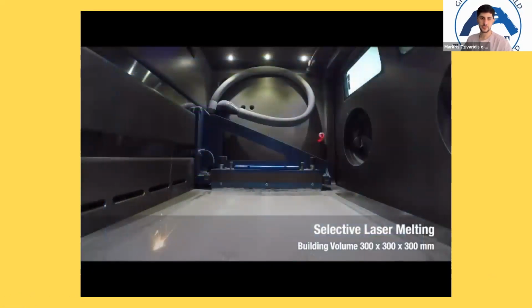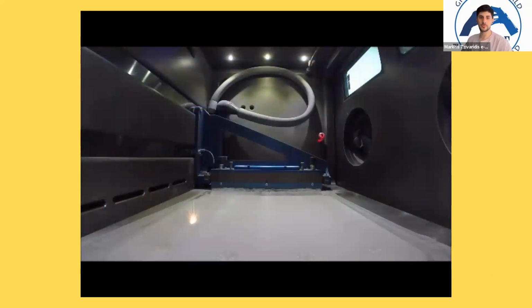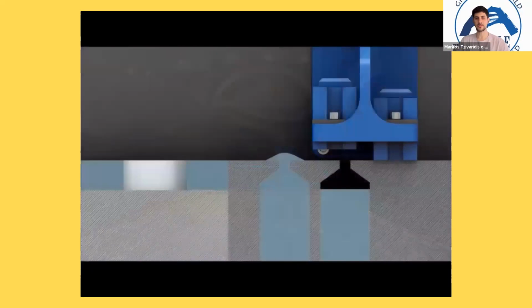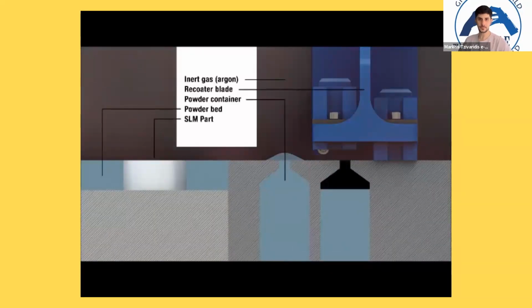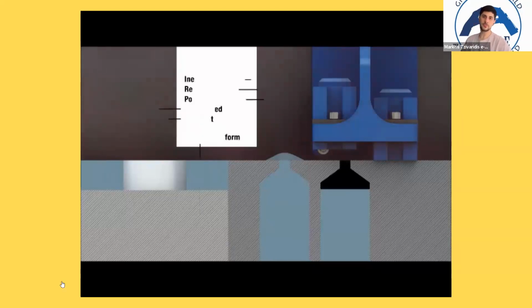So this is the laser beam going point by point. The powder is already applied on the layer. So basically it starts printing the layer right now. Now, after we finish printing the layer, this is the hopper.